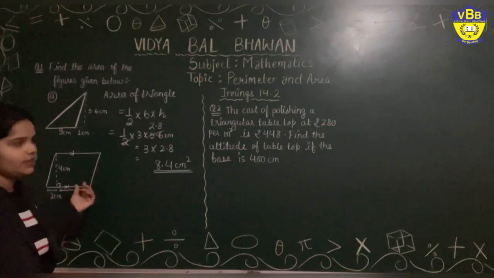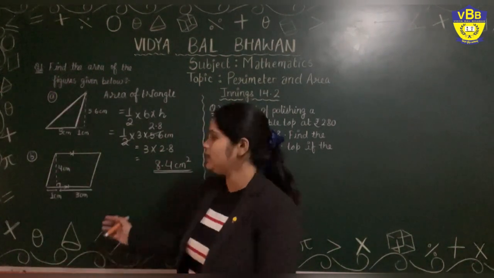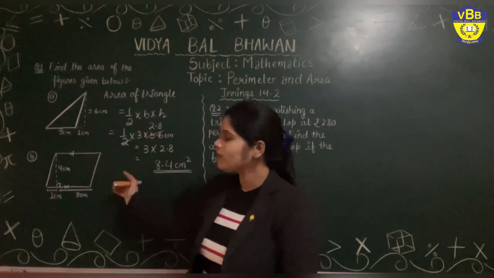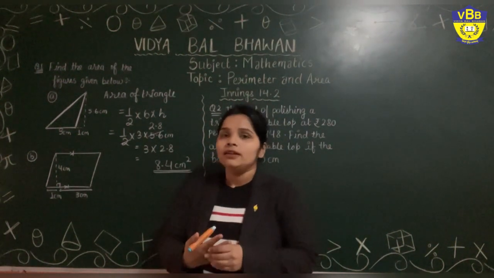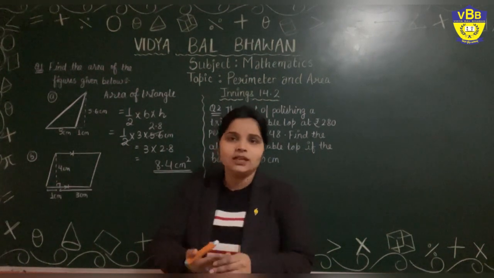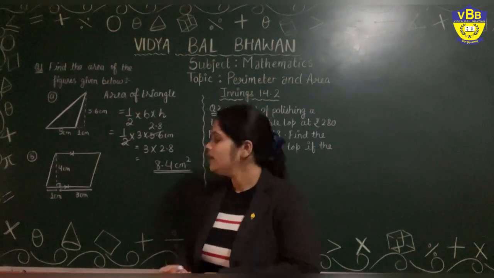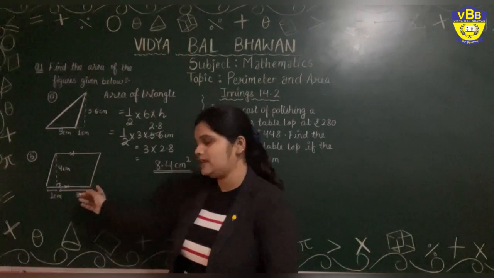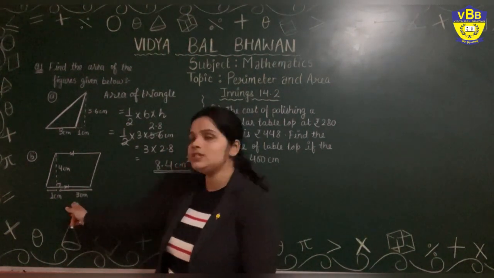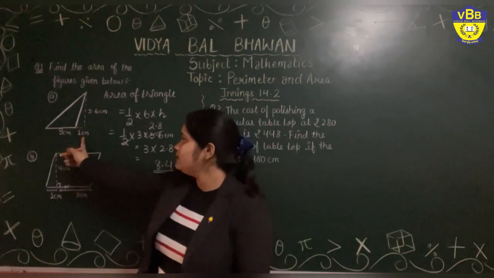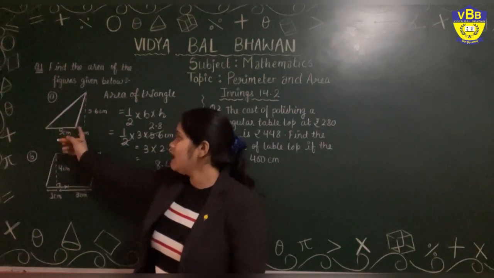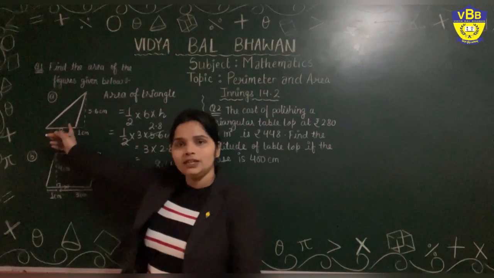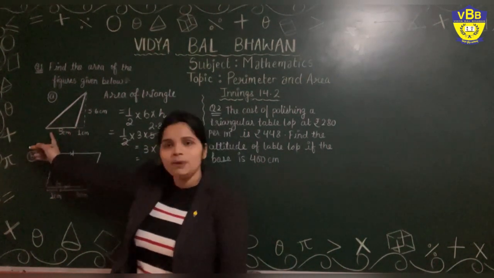Let's move to the next question. As you can see, this figure is a kind of parallelogram. Again, the area of a parallelogram is base into height. So here, what is the base? Here we have not considered this one to be the base because it was the imaginary line drawn outside and is not part of the base.